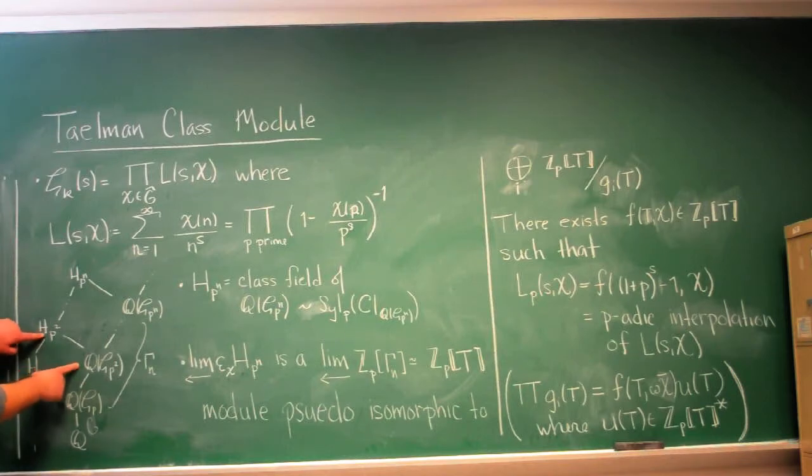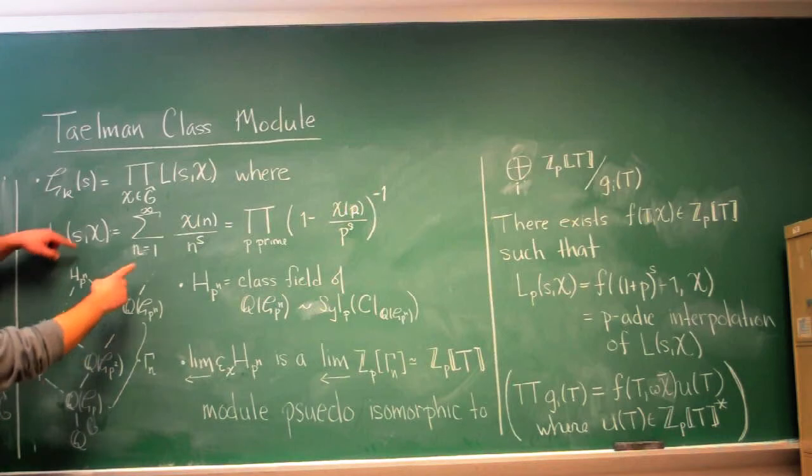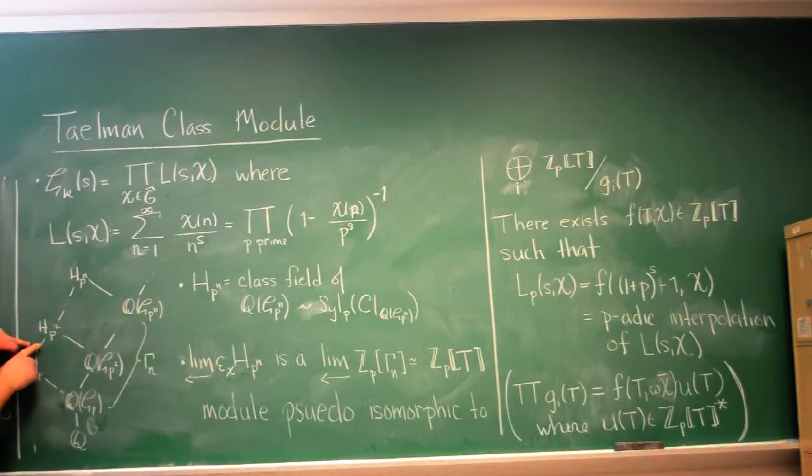And same thing goes for H_{p^2} over Q adjoin zeta_{p^2}. This is the class field associated to the p-subgroup of the class group of Q adjoin zeta_{p^2} via the Artin map, and so on and so forth all the way up the tower. And it's easy to see that these naturally form a tower as well.